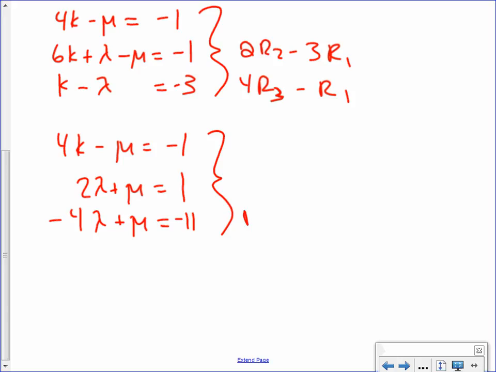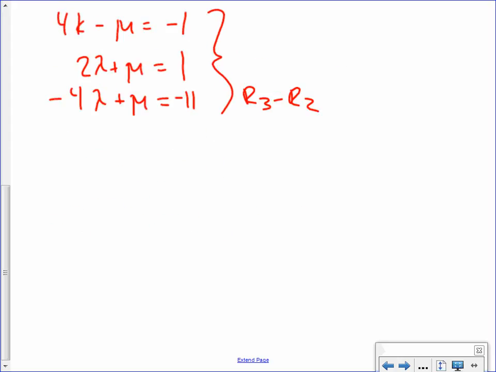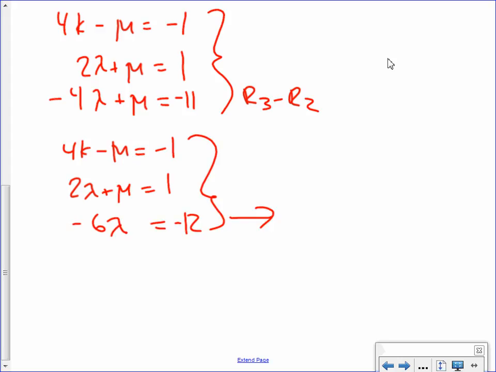That leaves us with 4k minus mu equals negative 1, 2 lambda plus mu equals 1, and then negative 6 lambda equals negative 12. So this tells us that lambda is 2.